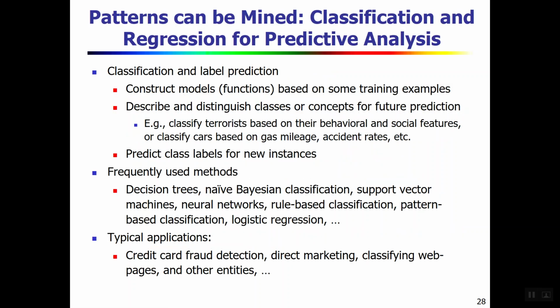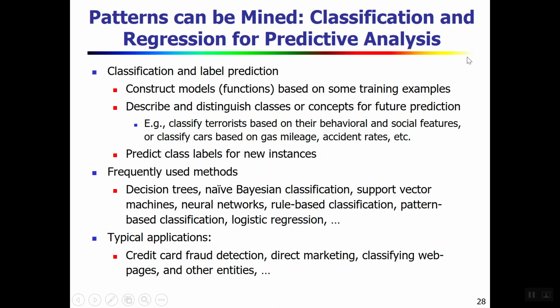Additional patterns that can be mined: classification and regression. Those are probably the most commonly seen. You probably already have experience doing classification or numerical regression tasks. Classification is a task where you have training examples labeled with class labels, for example, budget spending customers, impulsive customers, and big spending customers.